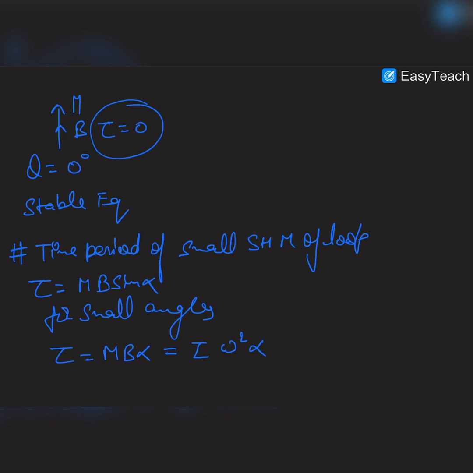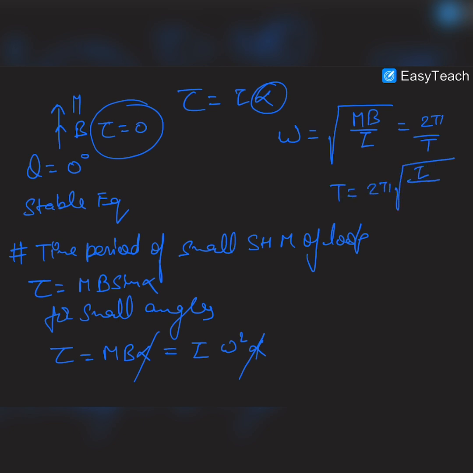When we write torque as I alpha, this alpha is angular acceleration, and this other alpha is the angle which I have taken. So don't get confused by that. Cancelling this alpha with alpha, and I is the moment of inertia about the axis of rotation, omega will be equal to under root of m B upon I, and omega is 2 pi by T. So T will be equal to 2 pi under root of I by m B. So this will be the time period of small SHM of the loop.